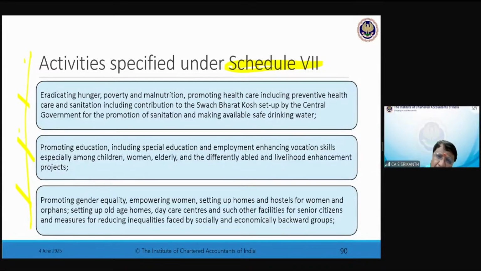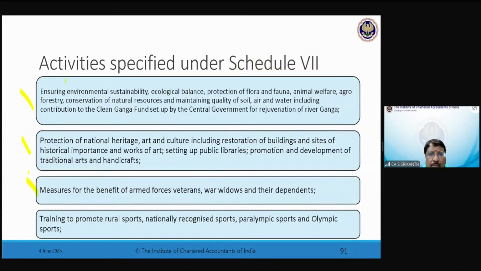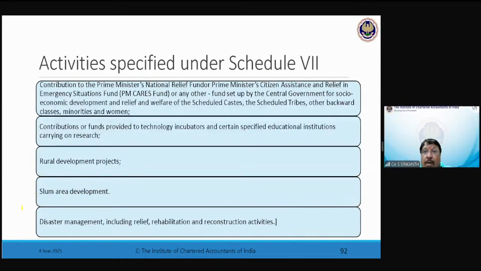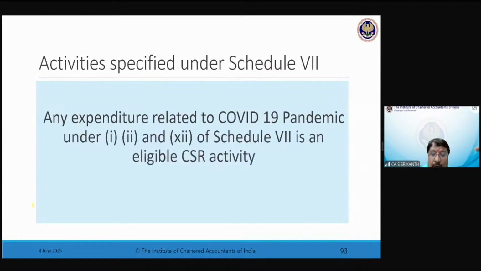Basically, measures for the benefit of armed forces, rural sports, nationally recognized sports. Then the Prime Minister's National Relief Fund and PM CARES Fund, you can give. That is allowed CSR. Contribution of funds for technology in rural development, slum area development, disaster management.